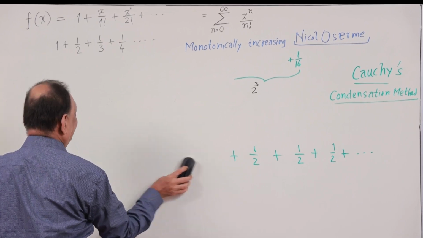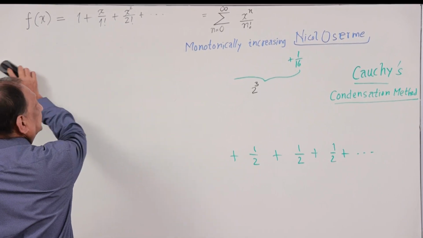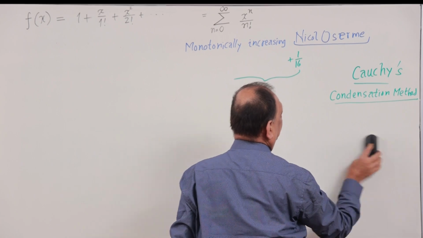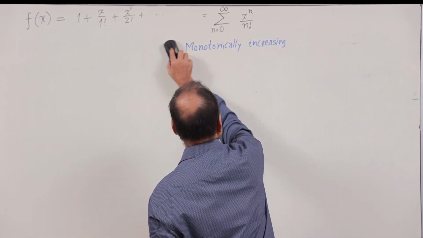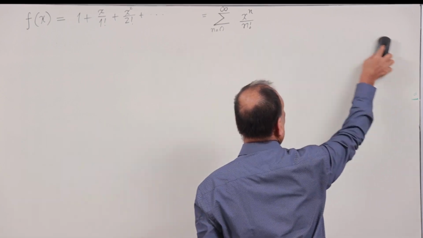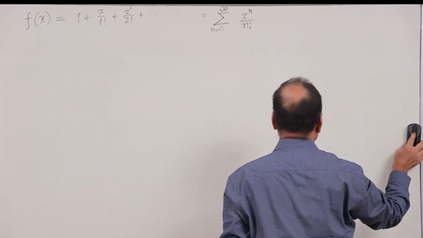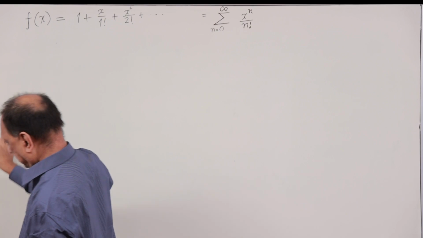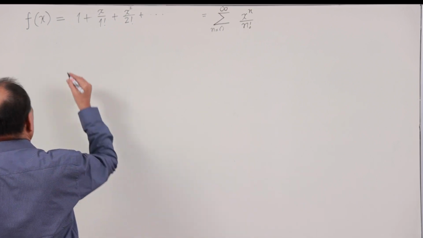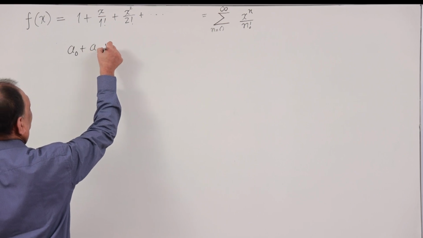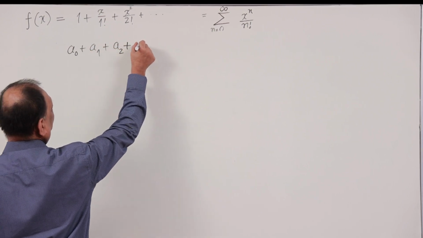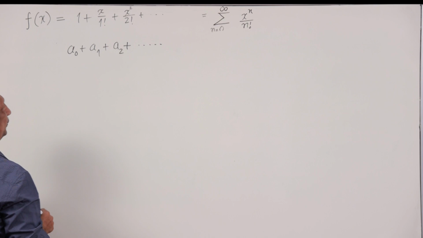Supposing I got two infinite series. So I got one A0 plus A1 plus A2 plus etc. is one series.